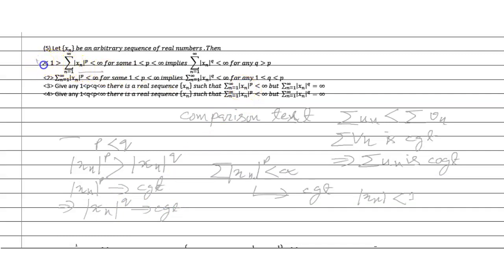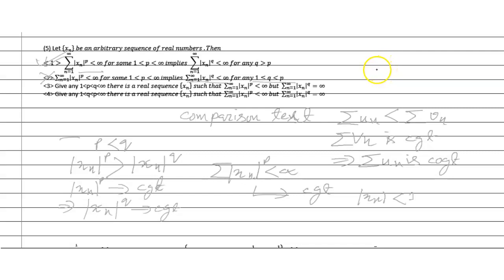Option A is correct, and similarly option 2 is false. Option 3: given any 1 less than p less than q less than infinity such that the summation of mod of x_n to the power p is equal to infinity, that implies the summation of x_n to the power q is infinity. So friends, same case.